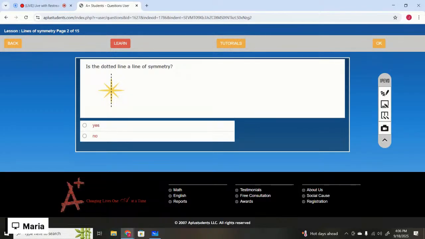Is the dotted line a line of symmetry? Yes, it is. If you fold the image along the dotted line, the two sides exactly match up. So the correct option is yes.